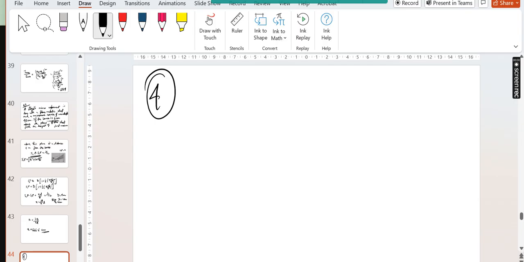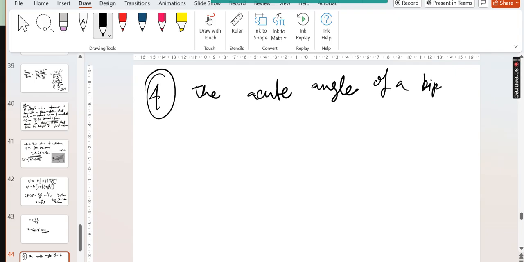Now we'll go to the next question. The acute angle of a biprism of refractive index 1.5 is 2 degree.